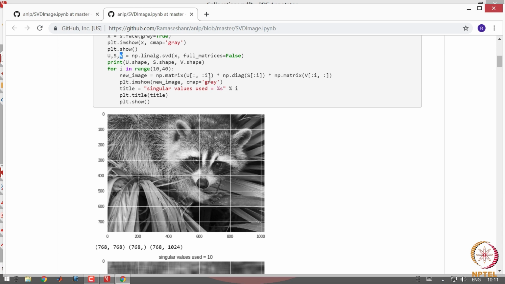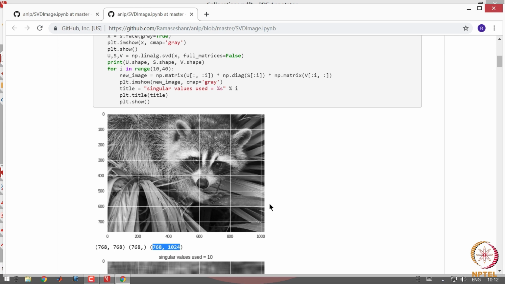So, if you look at the shapes, U is 768 by 768, the diagonal elements are given by S, which is 768, and then our right singular vector set is 768 by 1024.